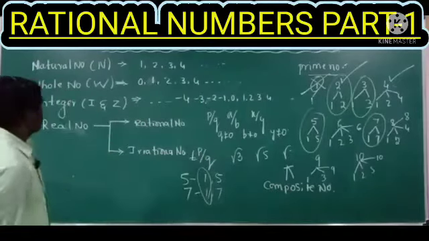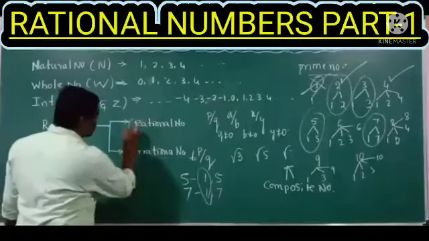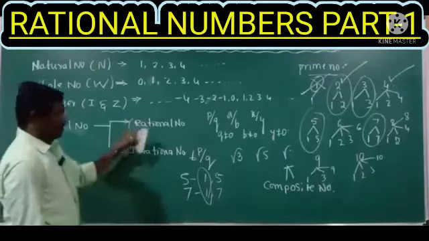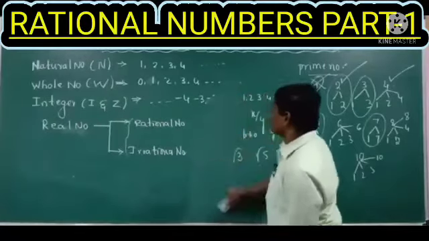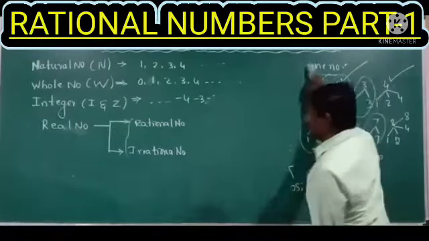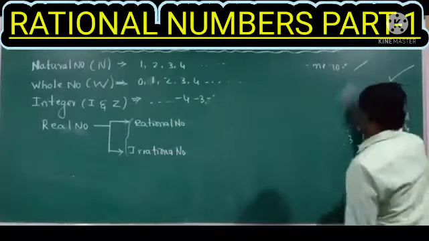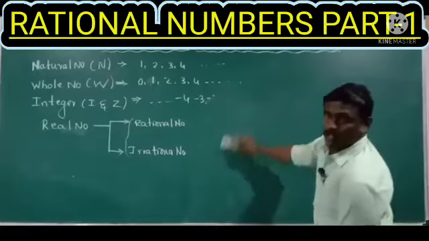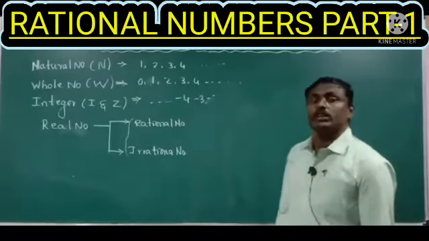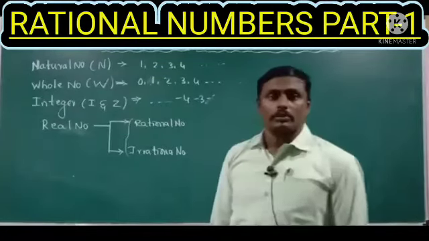Now in this chapter we are discussing two concepts, rational numbers and irrational numbers. The concept of irrational numbers originated from the Greek word.